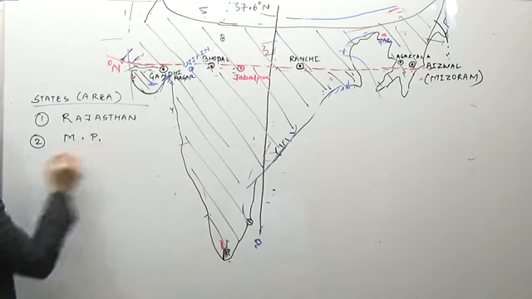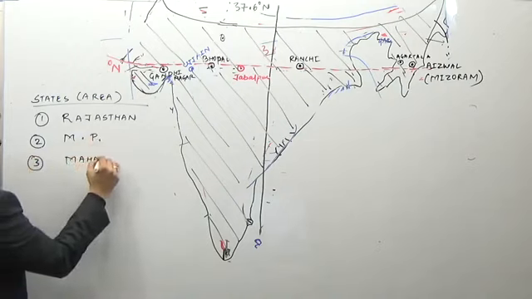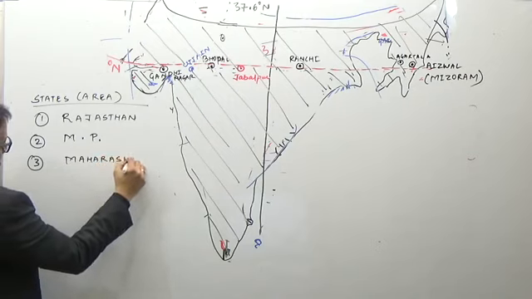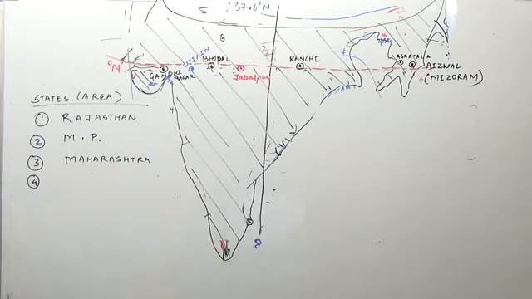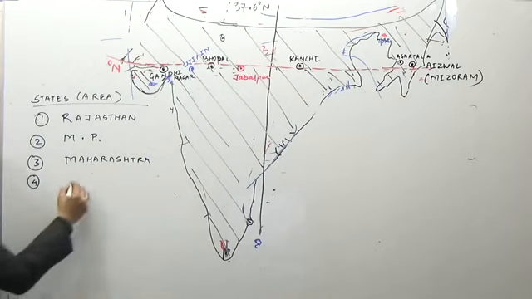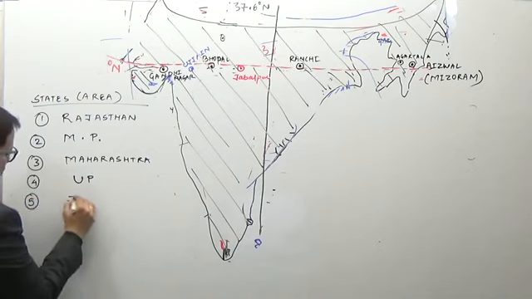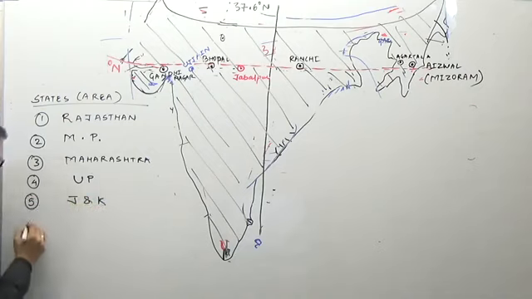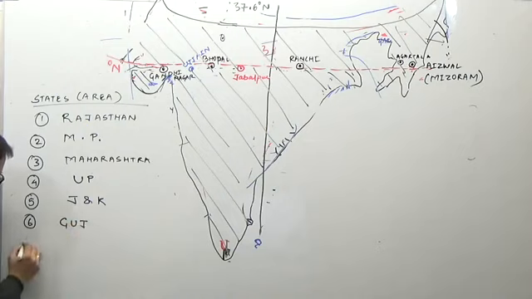The third biggest state in India is Maharashtra. The fourth biggest state is UP. The fifth biggest state is Jammu and Kashmir. The sixth biggest state is Gujarat. The seventh biggest state is Karnataka.